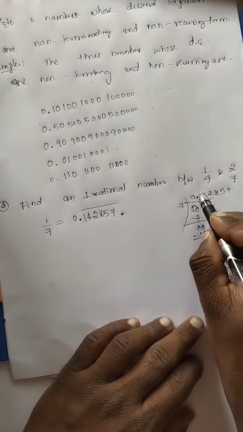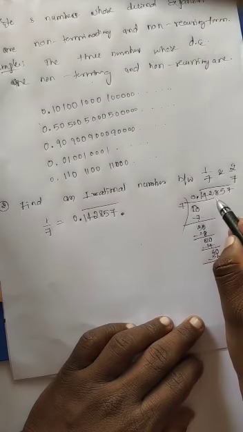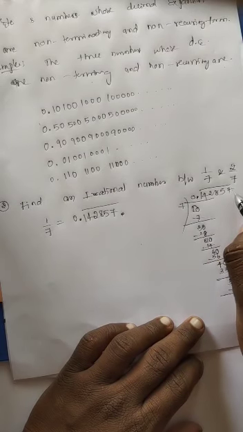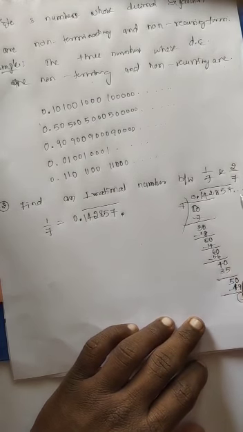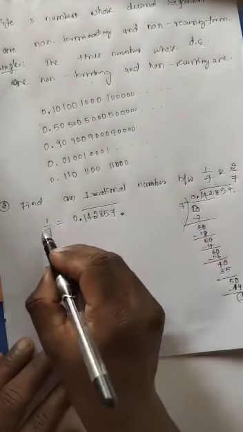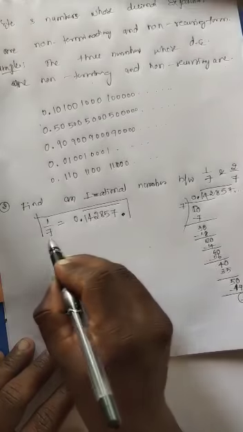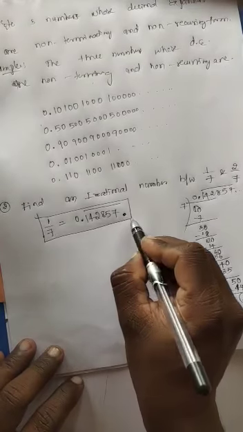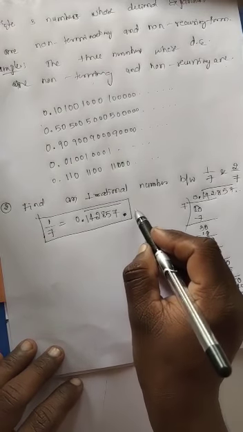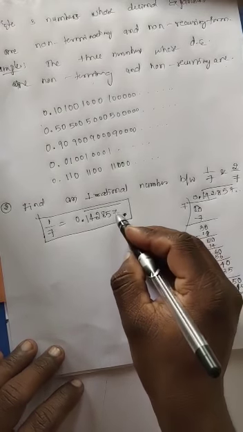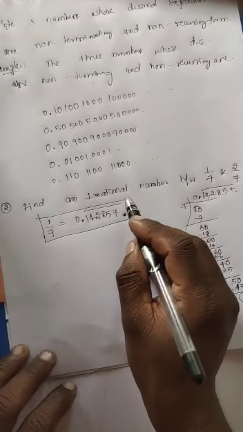So again the block 142857 repeats, it contains a recurring. So 1 by 7 is 0.142857, non-terminating and recurring.